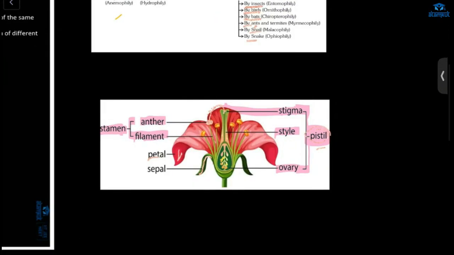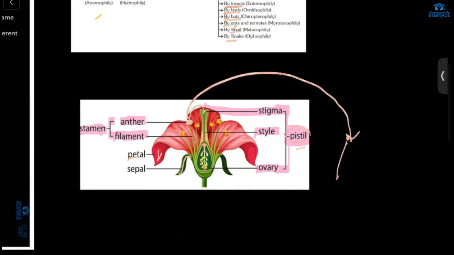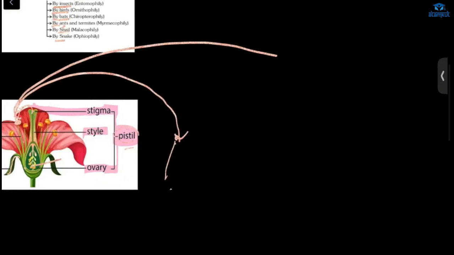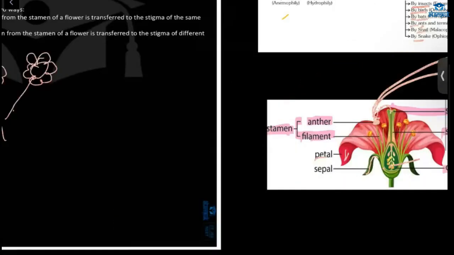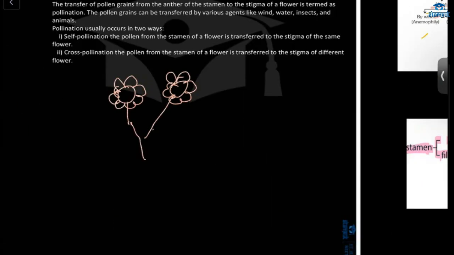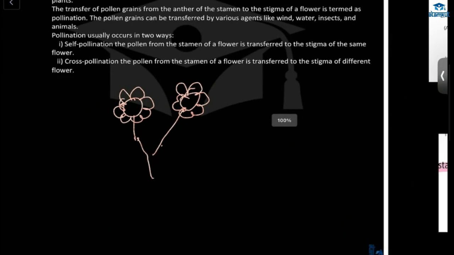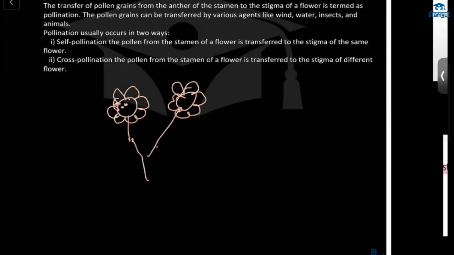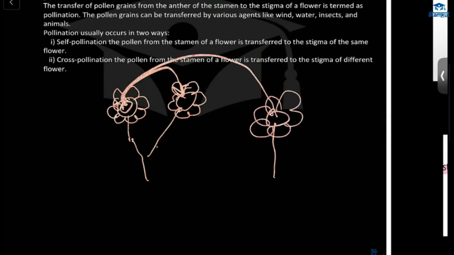And if it is transferred to a different flower, of the same plant or another, then it is called cross-pollination. So self-pollination means everything happens in the same flower, and cross-pollination means from one flower to the next flower.